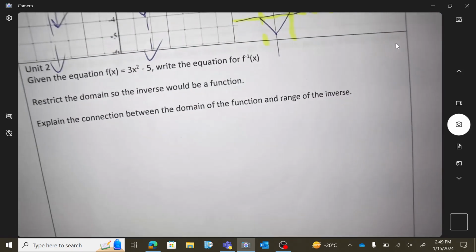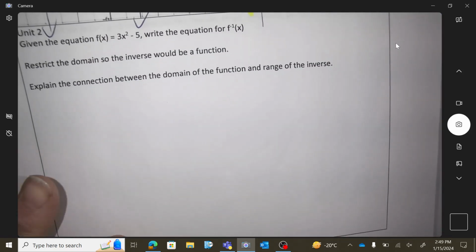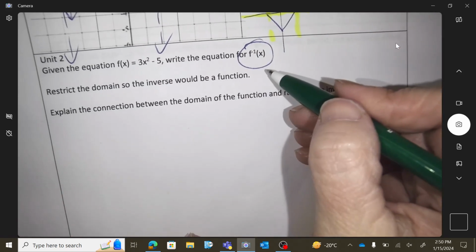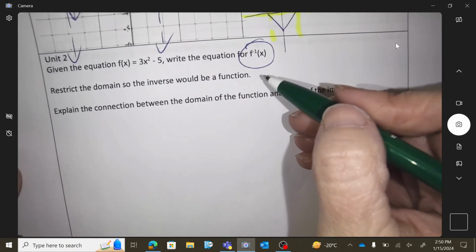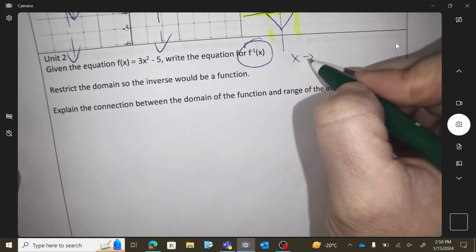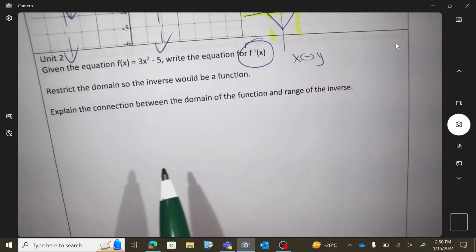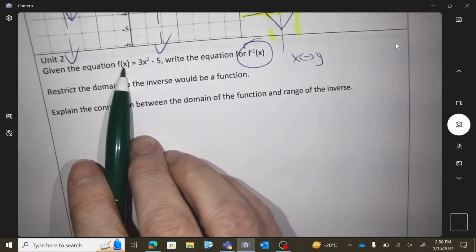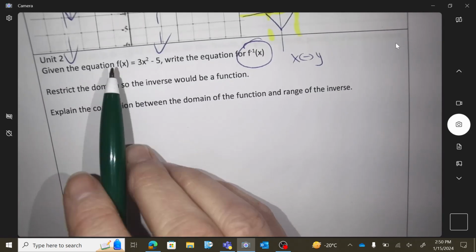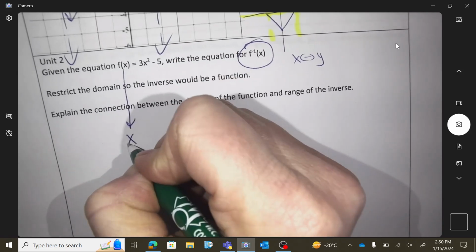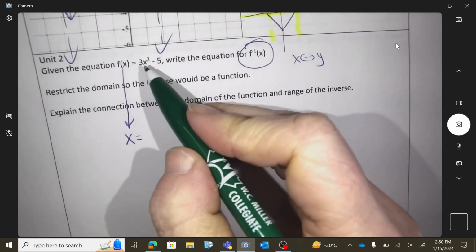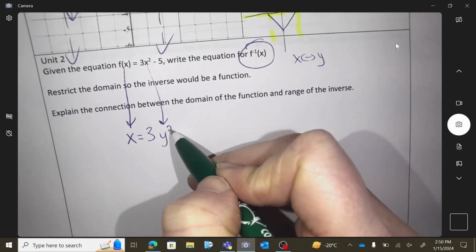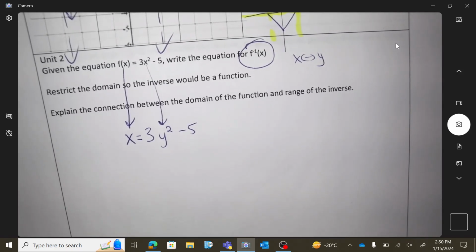Okay, we have a function, and now we need to write the inverse function. So again, inverse, what does inverse mean? Flip x and y. x and y switch around. So f of x is essentially the current y. So I'm going to put an x there. And then 3, and I'm going to put a y there.